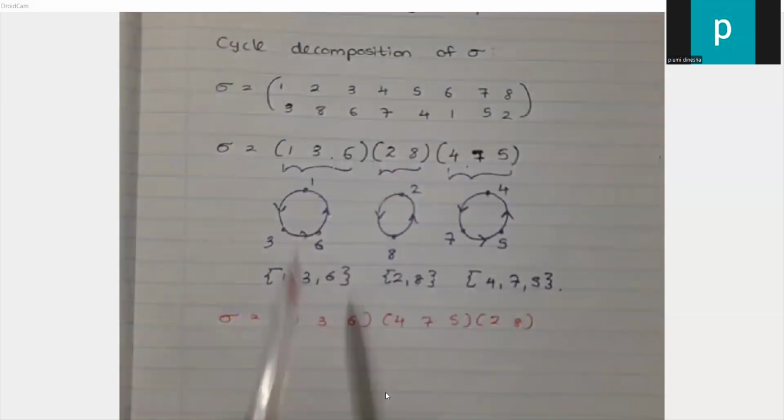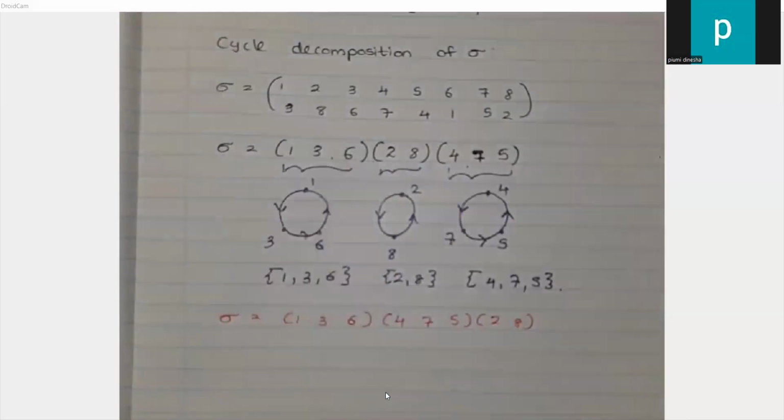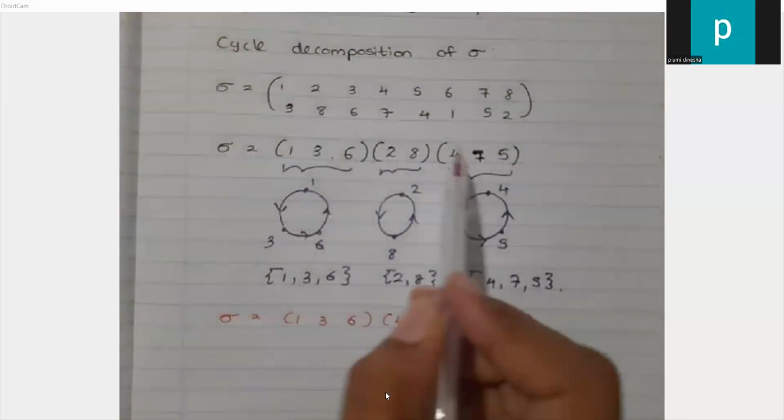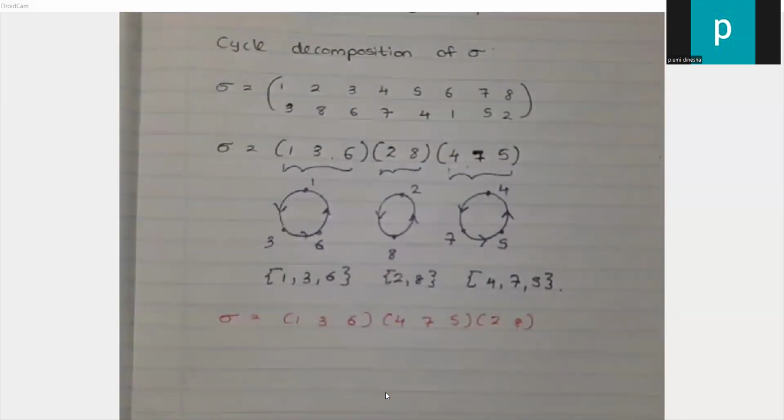It's not like all these cycles by themselves would represent different permutations. But now in this product, what you have is one permutation. So even if you write the cycle decomposition of sigma in this form, it will be correct, right? You can permute these cycles that are in the decomposition in this way.